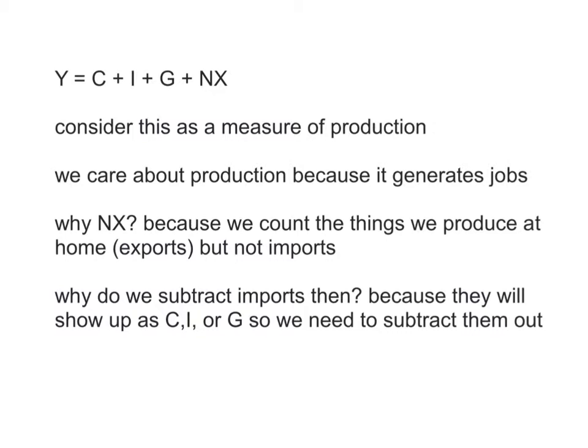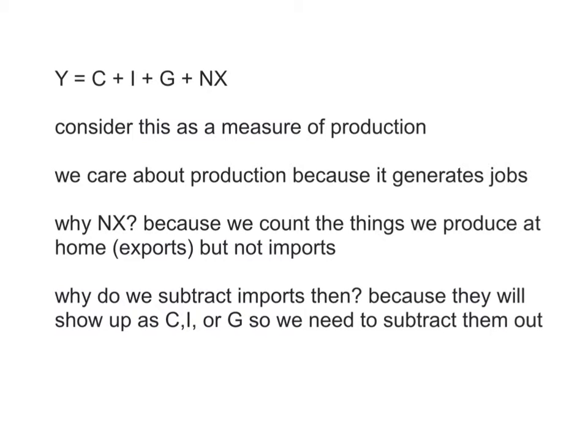GDP is primarily a measure of production, and we care about production in macroeconomics because production generates jobs. If you think macroeconomics is partly about explaining high employment or high unemployment, then we would like a measure that helps us understand why employment is sometimes high and why employment is sometimes low.